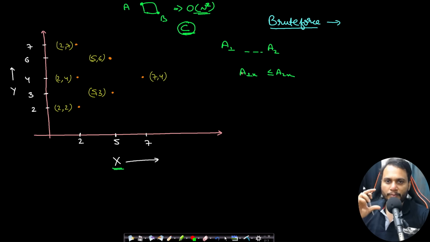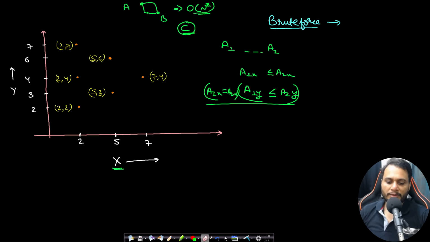So if 2 points have the same x coordinate, then I will be checking the y coordinate. So I will be arranging each of them in decreasing y coordinate, so that A1's y coordinate will be greater than or equal to A2's y coordinate if and only if A1's x coordinate is equal to A2's x coordinate. If the x coordinate is the same, then I will be sorting on the y coordinate.